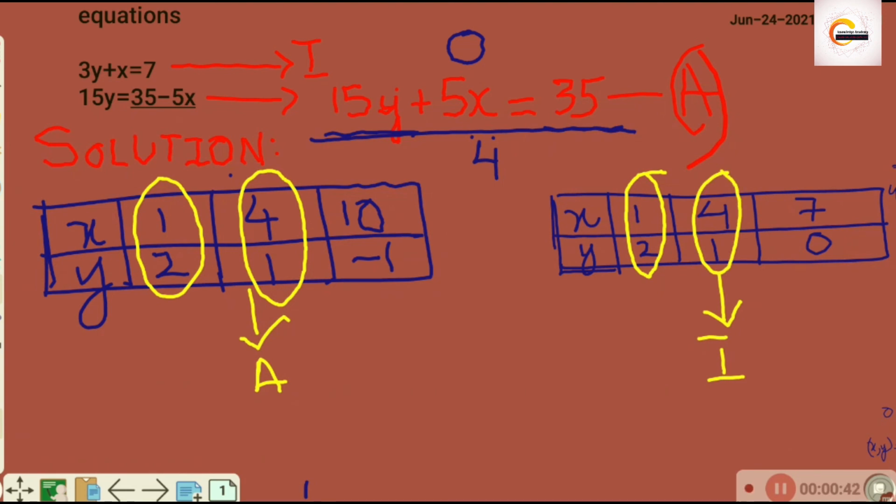If we plot these points on our graph, which we are going to do, I'm telling you roughly that it may emerge as only one line. That means the 2 lines may overlap each other, or they have infinite solutions.